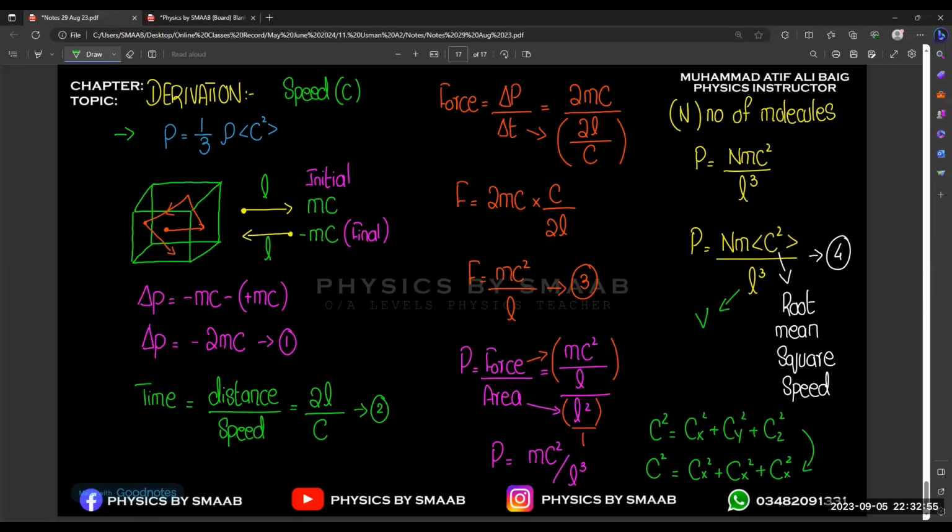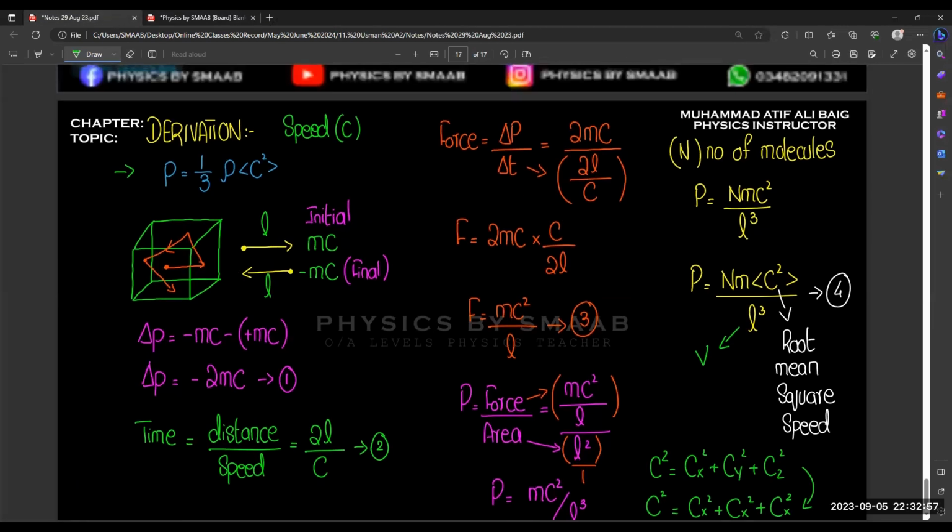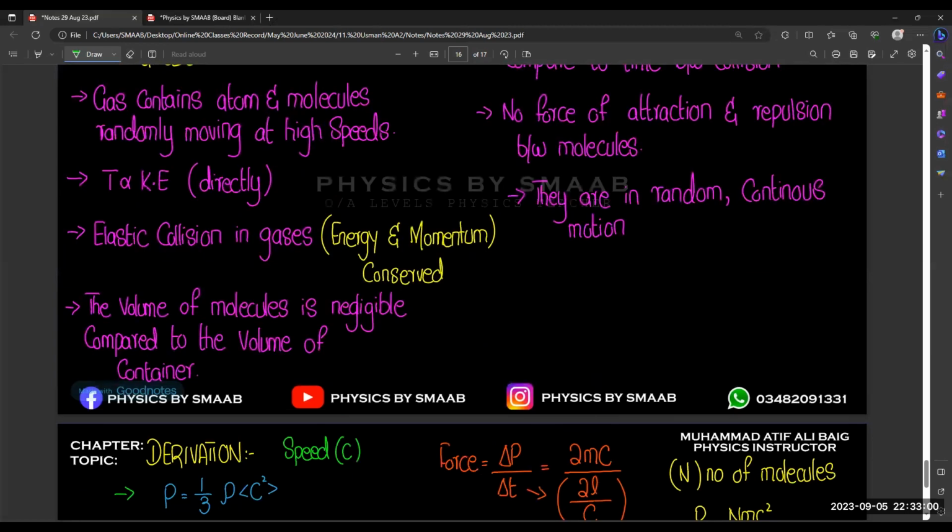And in the assumptions, you remember we discussed that kinetic energy is directly proportional to temperature, right? So sometimes they ask you to derive, with the help of derivation, or in terms of kinetic energy and temperature, prove this relation.